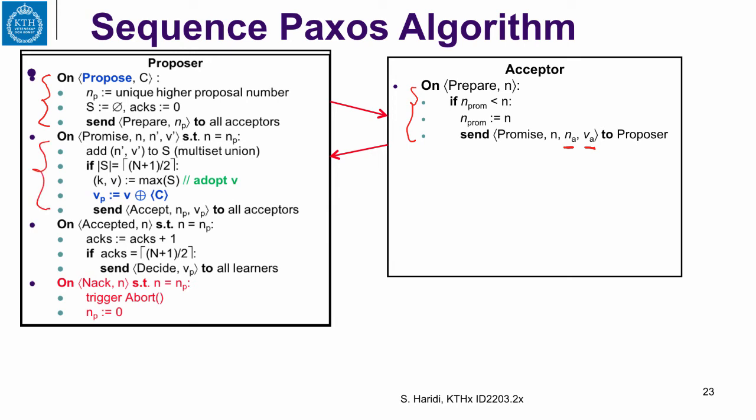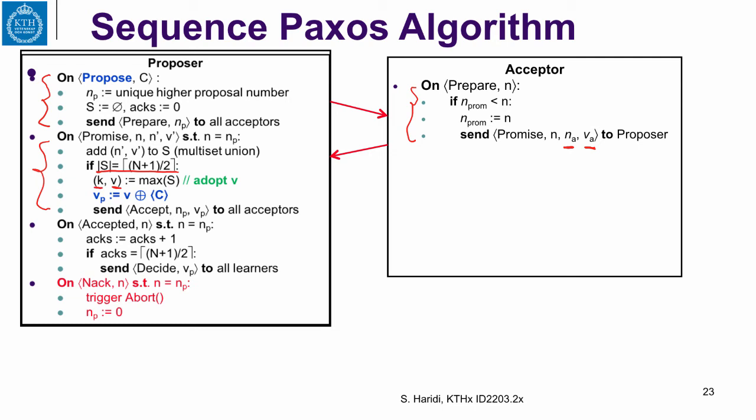The proposer collects a majority of promises, and in that case, if it gets a majority of promises, that's the case here, then it looks to the set of all pairs, a pair of a round number and the sequence, and selects the sequence with the highest round number as before, but now V is a sequence.